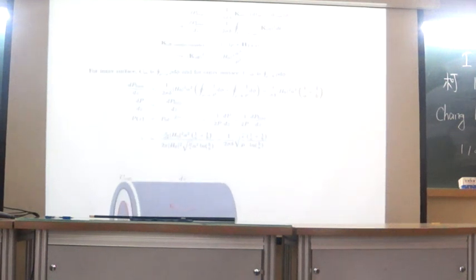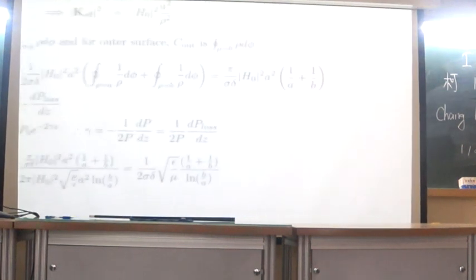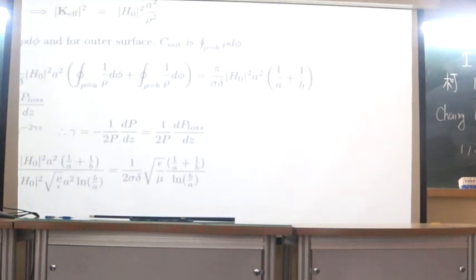And after the integration, we can find that the power loss per unit length is equal to these things: pi divided by sigma delta times H0 squared, a squared, and 1 over a plus 1 over b.